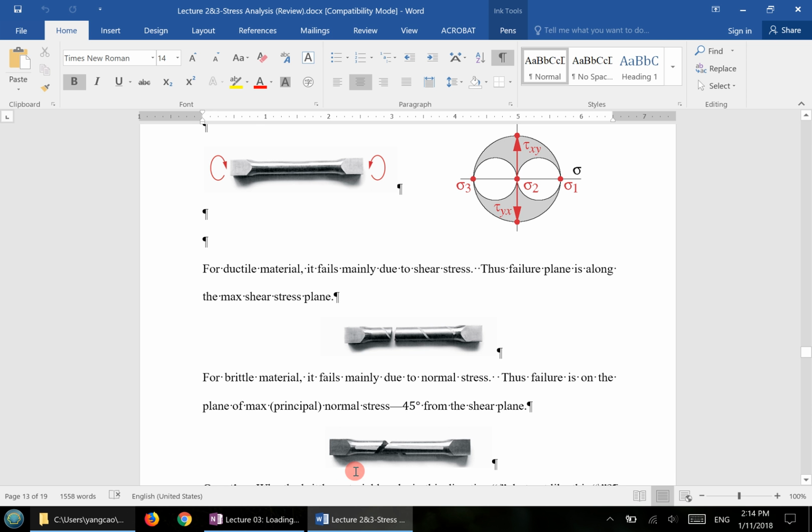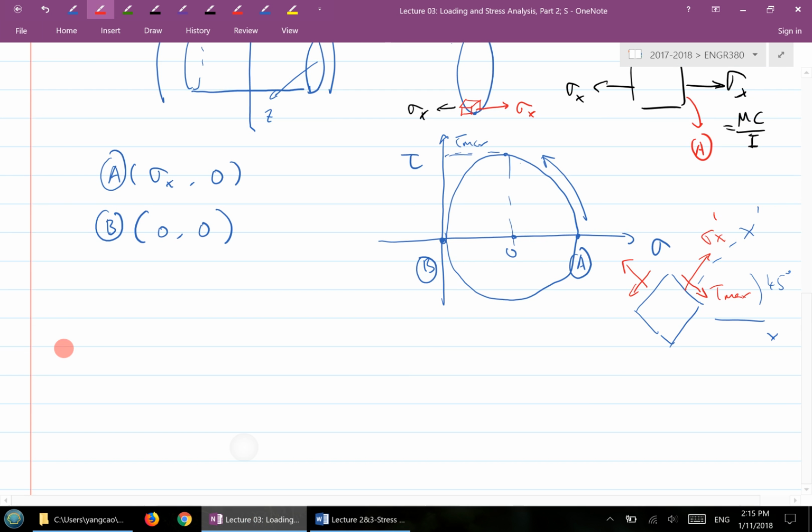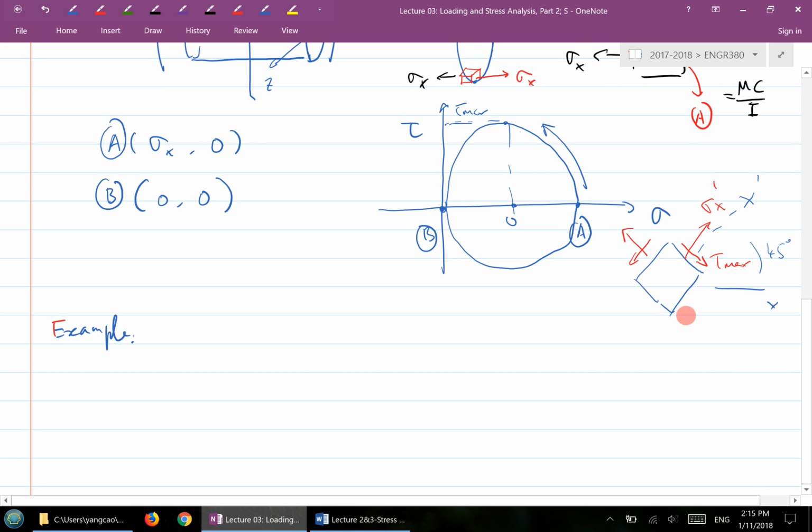So this is where we're going to try to explain why the bar breaks like this or this, given different materials under this kind of loading condition. This can be explained using the Mohr circle. Before we present this example, there is a common fact that you should know.